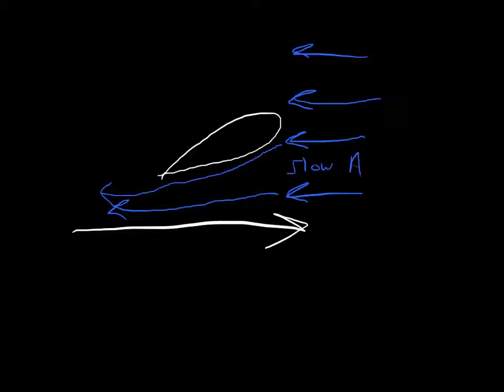So what does that mean for the pressure according to Bernoulli? According to Bernoulli, slow air equals high pressure. So we have high pressure underneath this wing. High pressure pushing our wing up. High pressure pushing us up. Now what would be really fantastic is if we had low pressure above the wing.